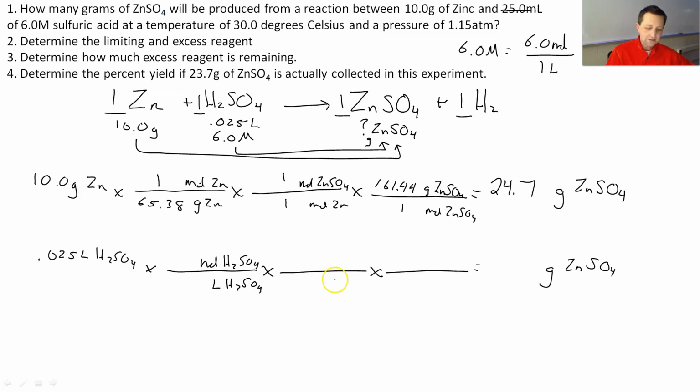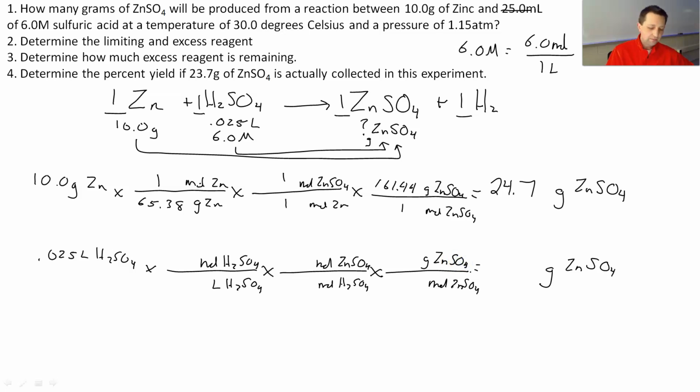According to our roadmap, cancel out moles of H2SO4 and go to moles of ZnSO4. Cancel that out and go to grams.